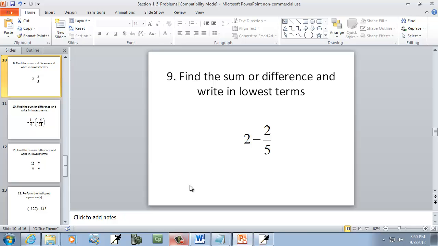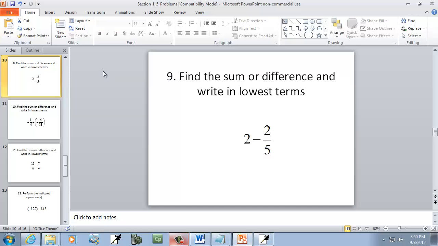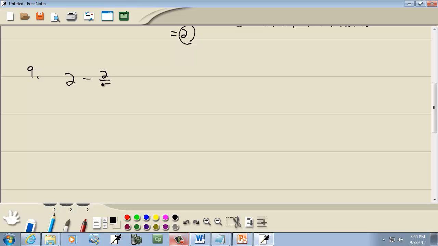Now, not all of them have the same denominator. So let's take a look at this one. We got 2 minus 2 fifths. And this is going to be adding or subtracting fractions with a different denominator.